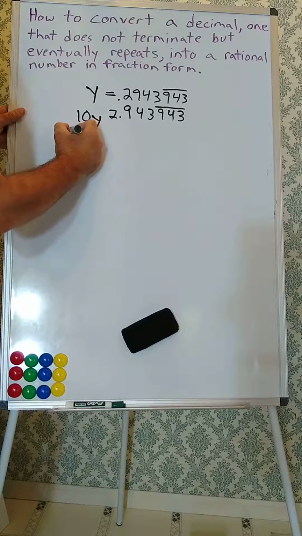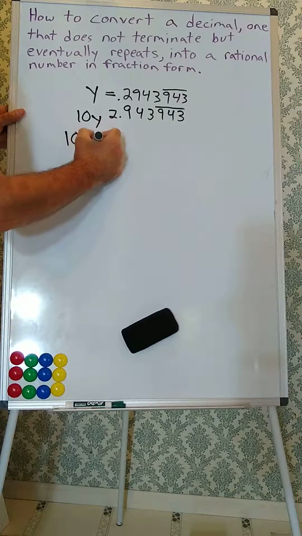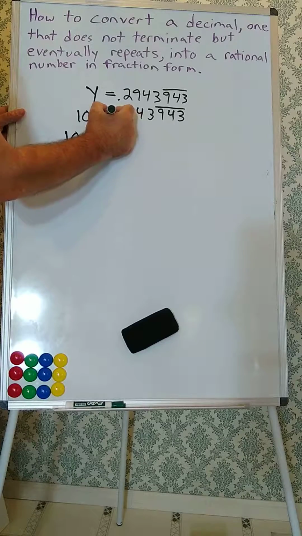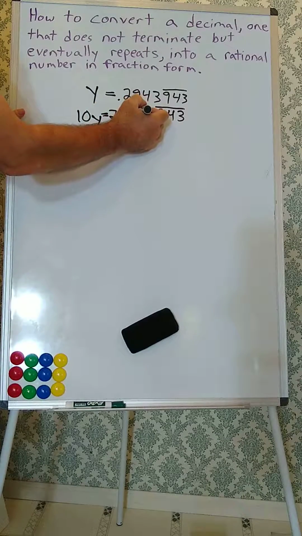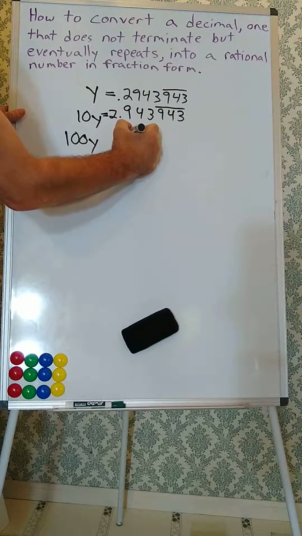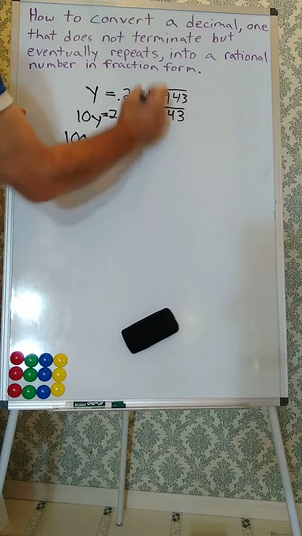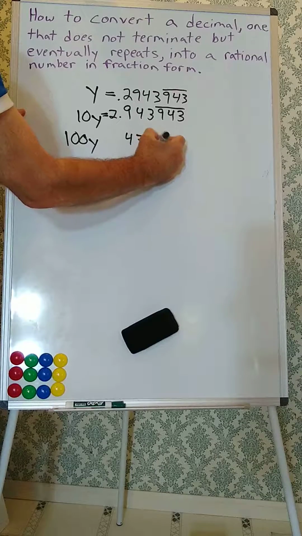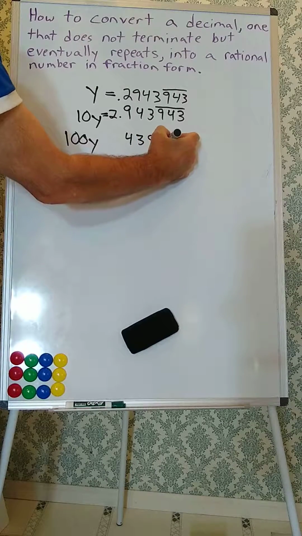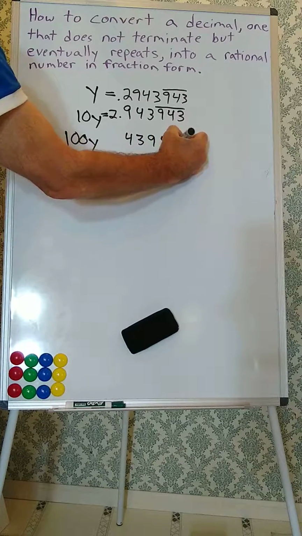All right, and then 100y is going to move the decimal 2 places to the right. So now we'll have 4 in the tenths place. And then we'll have 3, then 9, 4, 3, 9.